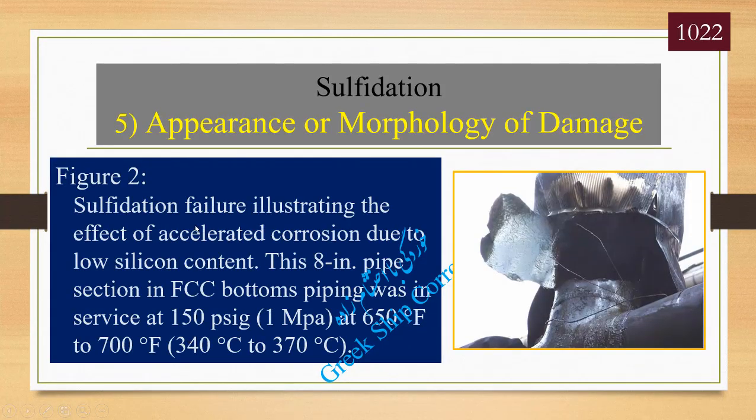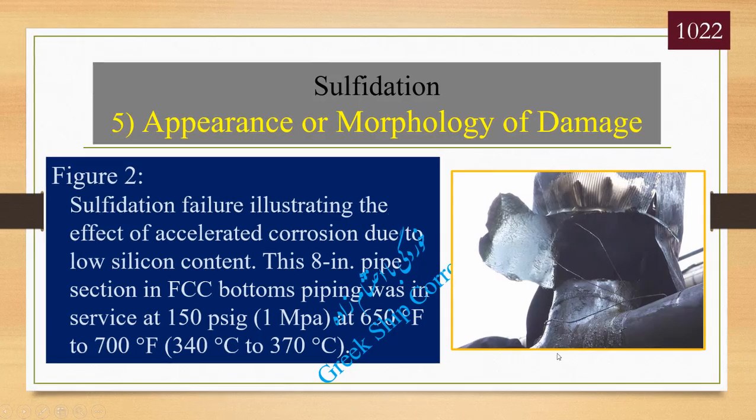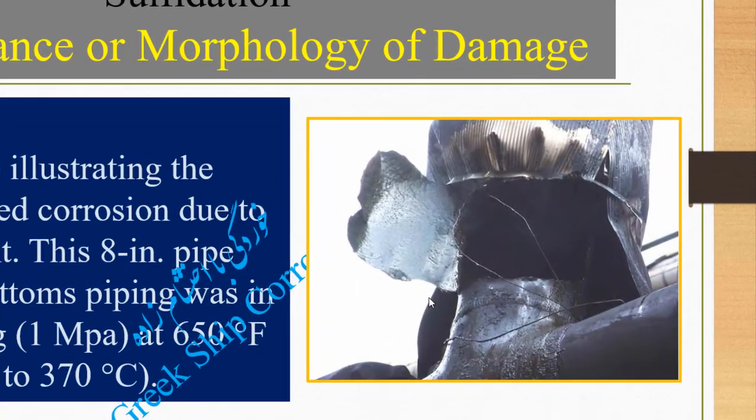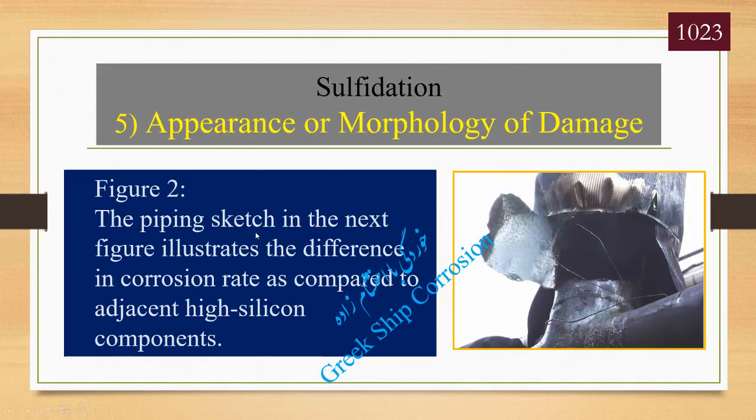Figure 2. Sulfidation failure illustrating the effect of accelerated corrosion due to low silicon content. This 8-inch pipe section in FCC bottoms piping was in service at 150 psig or 1 megapascal at 650 degrees Fahrenheit to 700 degrees Fahrenheit. The piping sketch in the next figure illustrates the difference in corrosion rates as compared to adjacent high silicon components.